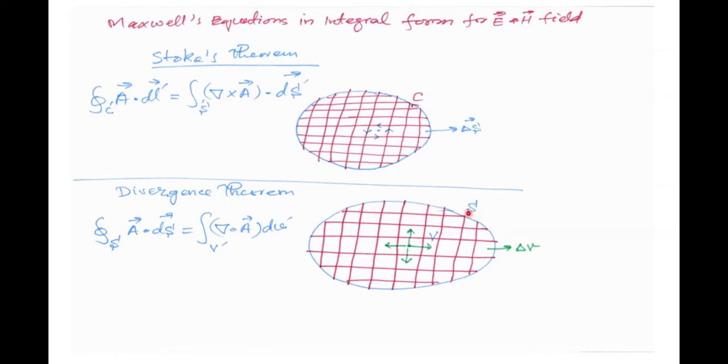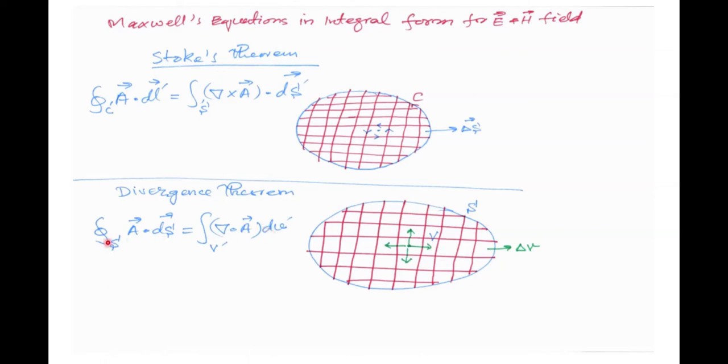This means that we can replace the closed surface integration by volume integration. That is, the closed surface integration of any vector field can be replaced by the volume integration of the divergence of that vector field.